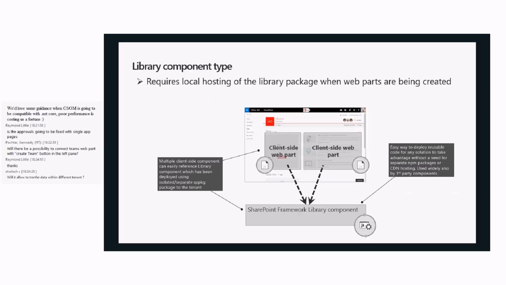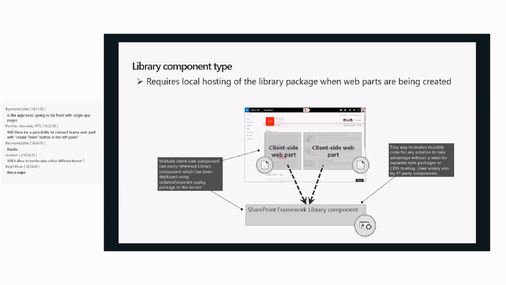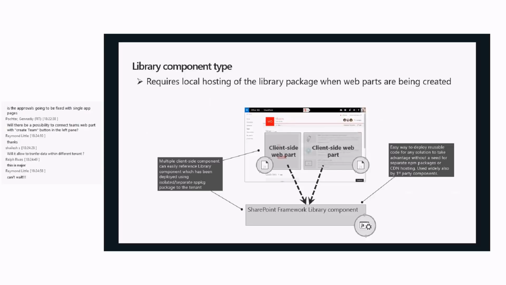So it works like people actually assume. So the library component is a kind of a utility component. So you can actually deploy an SPPKG file which contains, for example, logging and whatever controls, reusable controls and all of that. And then multiple web parts are referencing that centralized set of services. And that will then reduce the bundle size.